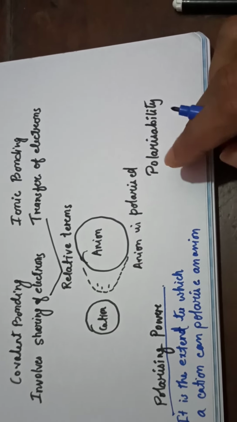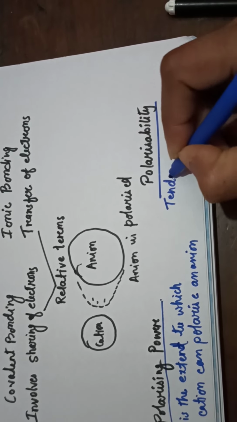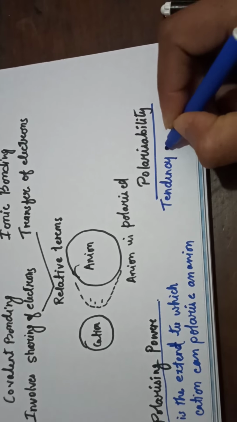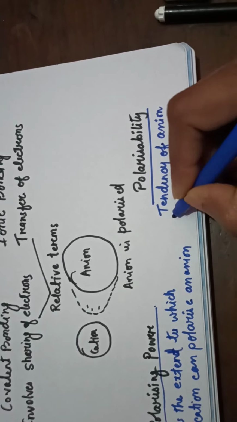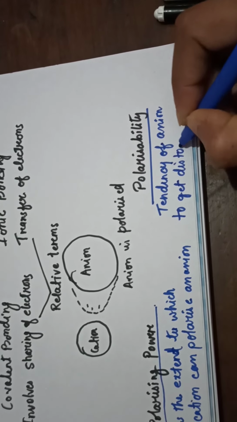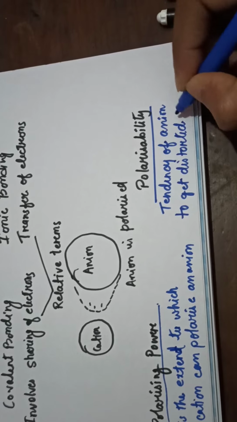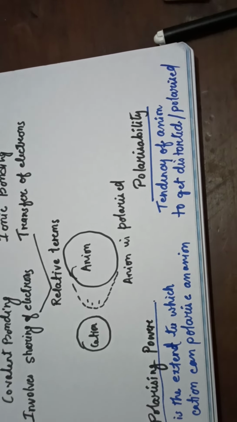And polarisability is the tendency of the anion to get distorted or polarized by a cation.